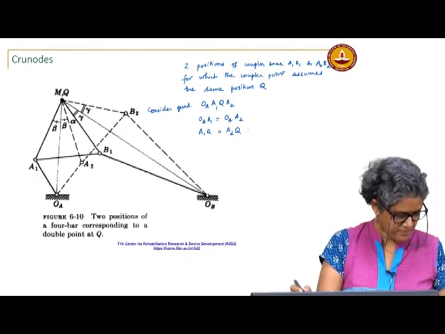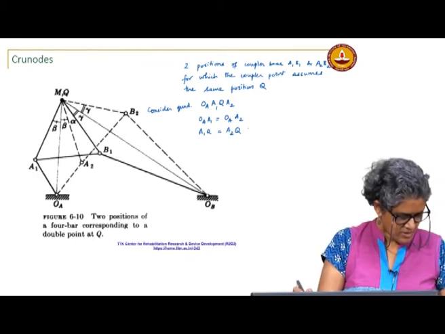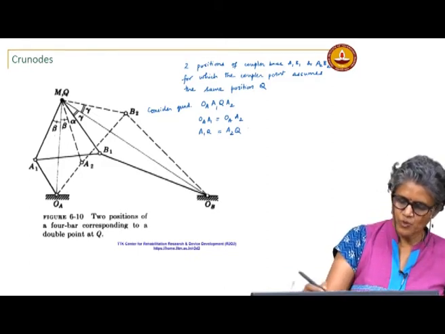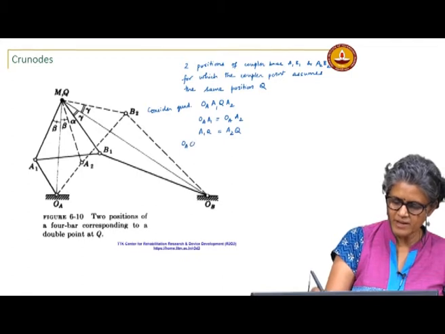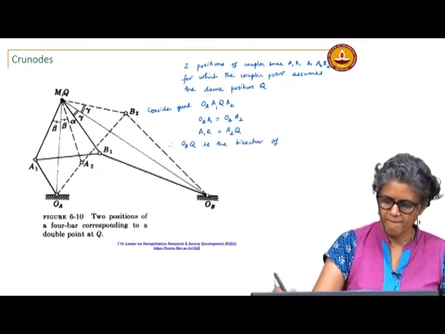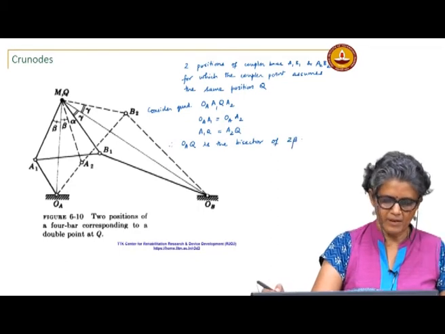Therefore, OA Q is the bisector of that angle, 2 beta.